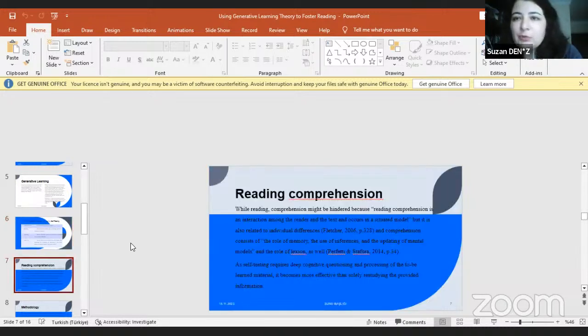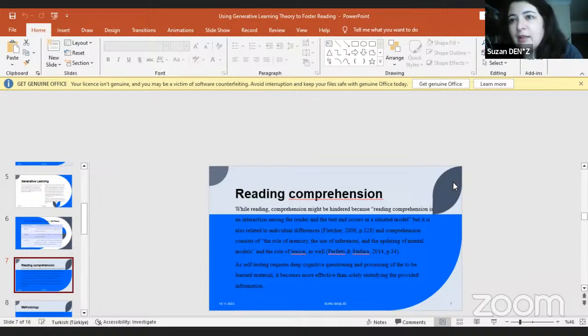And when we come to reading comprehension, it might sometimes be hindered because reading comprehension is an action between the reader and the text and occurs in a situated model, but it is also related to individual differences. And comprehension consists of the role of memory, the use of inferences, the updating of mental models, and the role of lexicon as well.